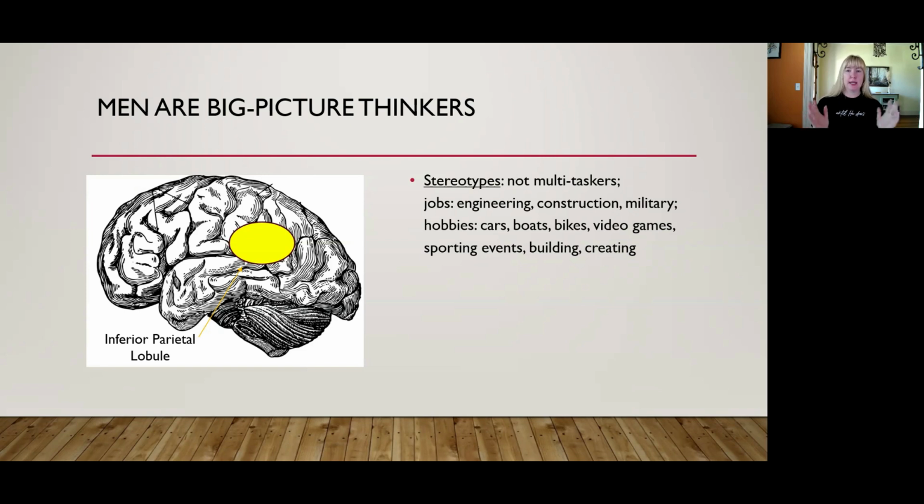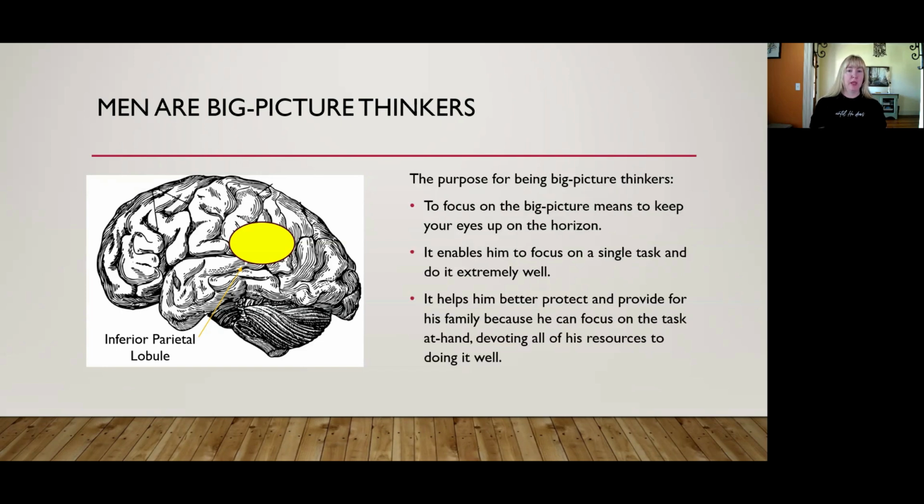So again, just understanding it's on a spectrum and just considering how this information applies to you in your marriage. So the purpose for the men having a larger left inferior parietal lobule, IPL, is to be those big picture thinkers, because it allows them to focus on the horizon. So go back to being the hunters and the warriors.